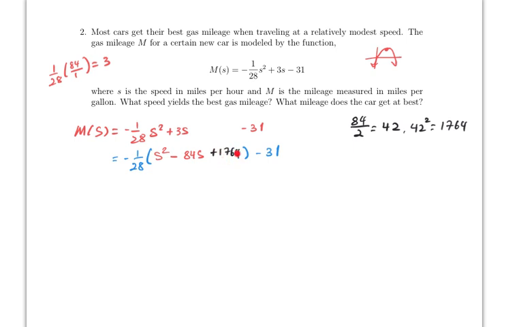You are adding this value times this one, or this value divided by this. So 1764 divided by 28 is 63. So essentially you are adding minus 63.